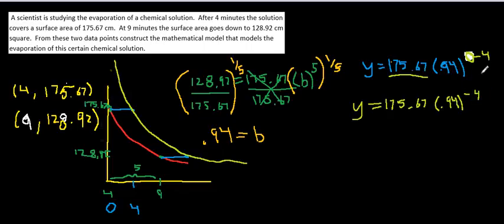That tells us when x is 0, what is y. And when you calculate all this out, it will approximately be 225.